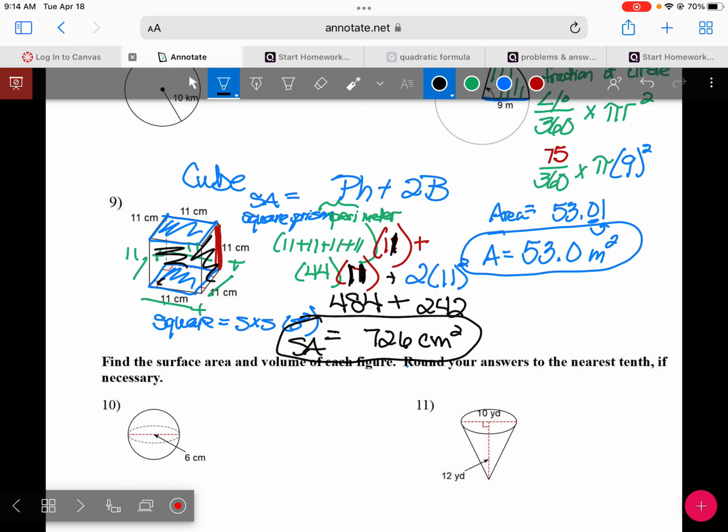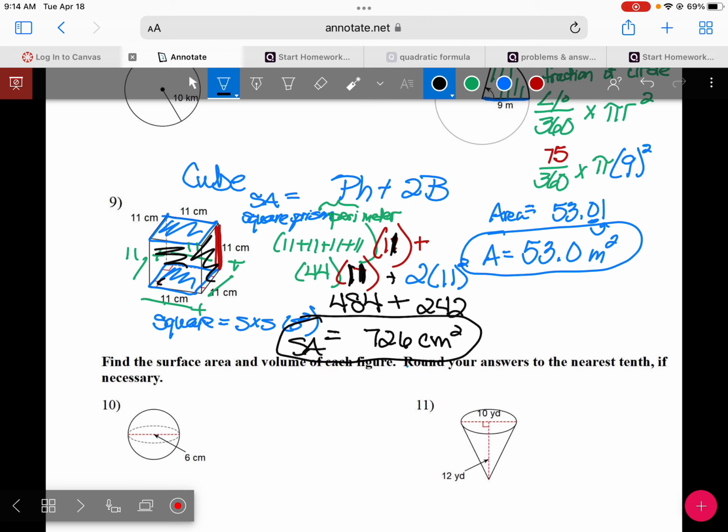Now, I'm going to show you just a slightly different way to do it, because some of you might think it's easier. Okay? Because this is a cube, all sides, all faces, all bases are the same, correct? Right? Think of a block. Think of a cube. All the sides are the same.